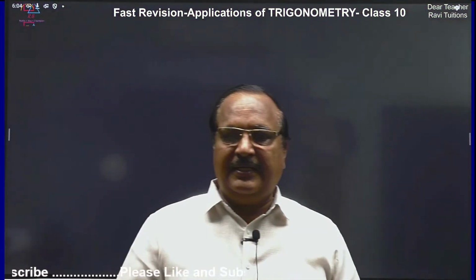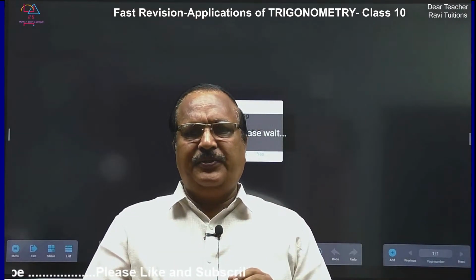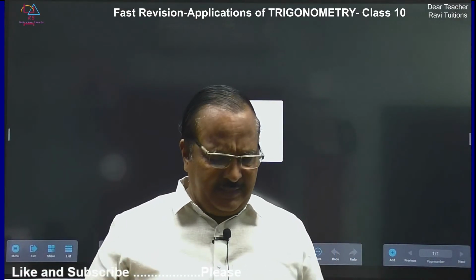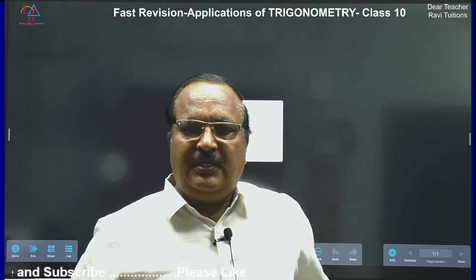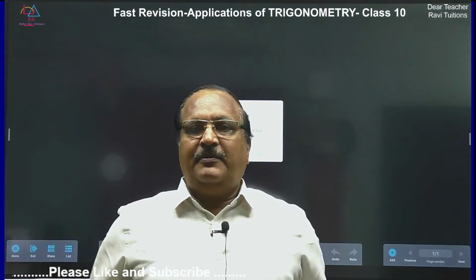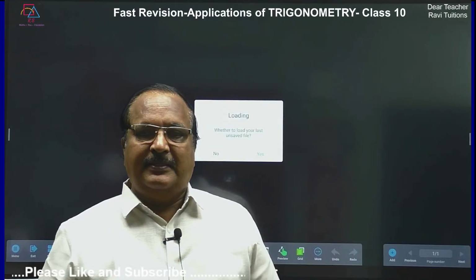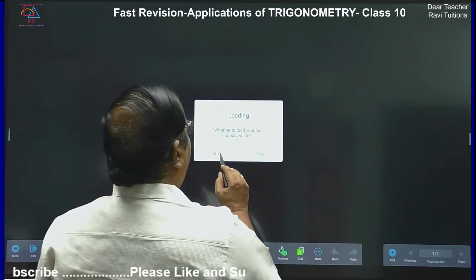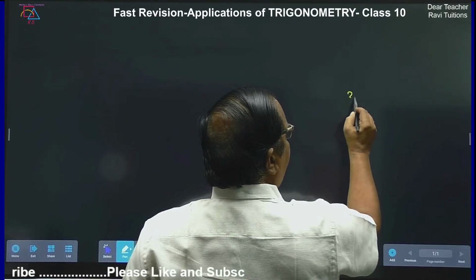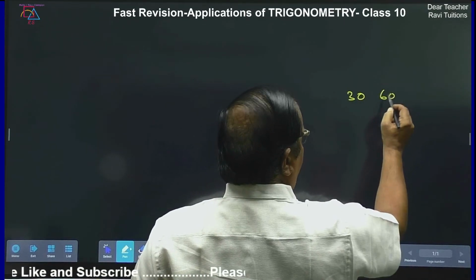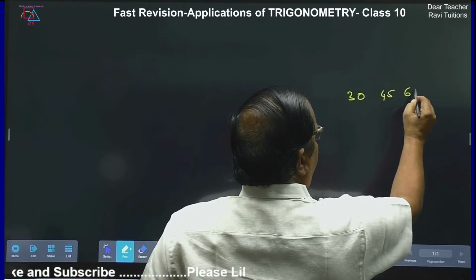I told you in this chapter you can learn only a few things. You don't need to learn any bigger things. Very simple. So what we are going to learn, I will tell you first, and then I will go to the concepts. Trigonometric values, angles will be there: 30 degrees, 45 degrees and 60 degrees.